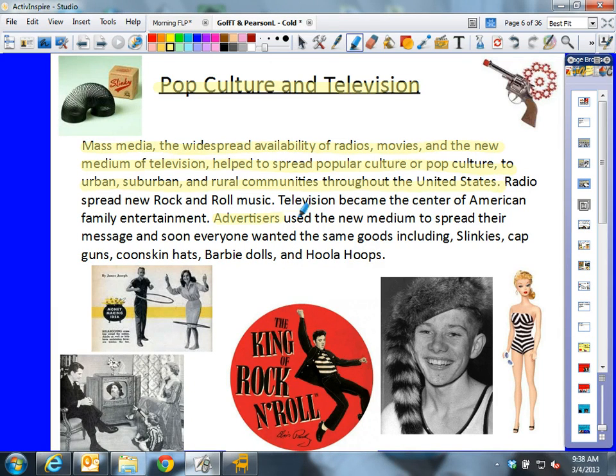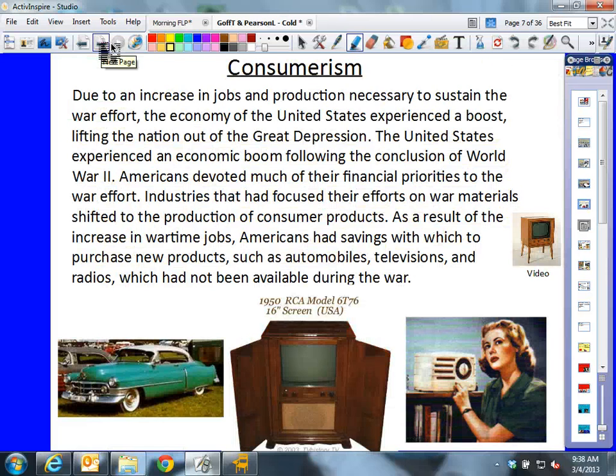And then this advertisers piece, because this is when marketing changes from just being in print in magazines or posters to being in a form that people can see watching on their TVs in their living rooms. So now all this purchasing leads to what we consider something called consumerism.